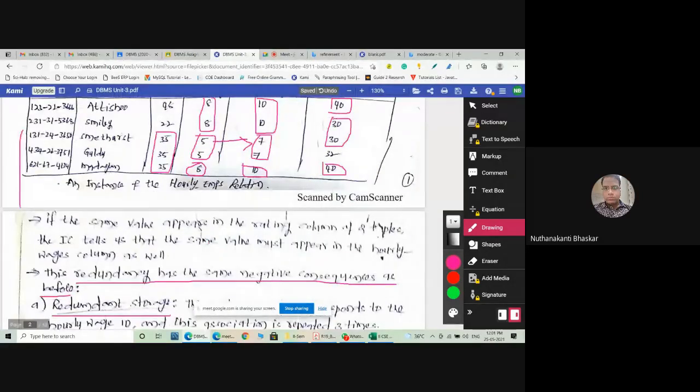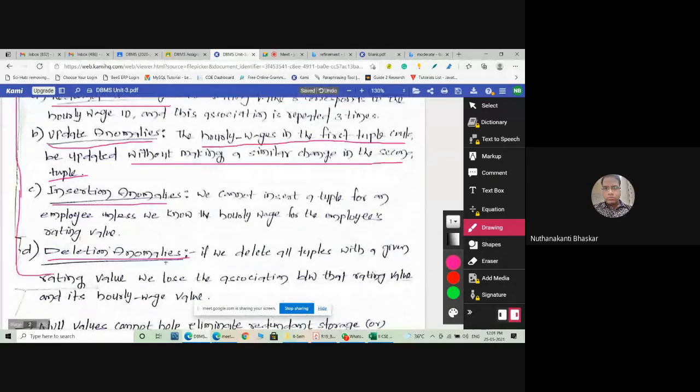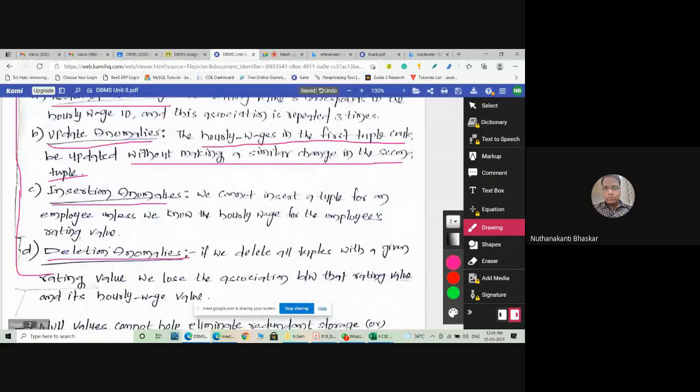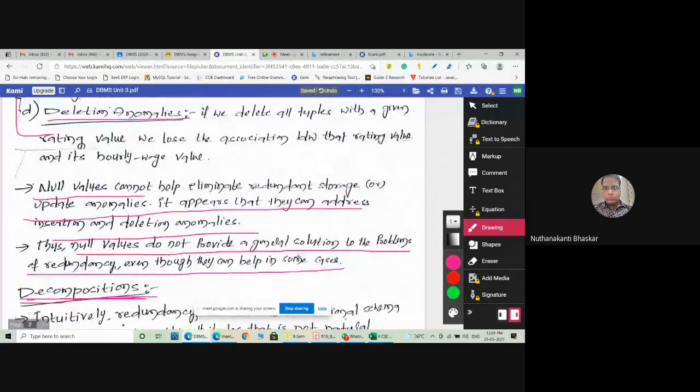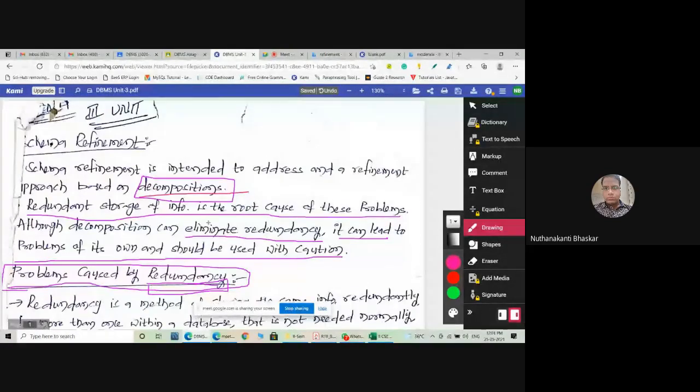Because of this redundancy we have these anomaly problems: redundant storage, update anomalies, insertion anomalies, deletion anomalies. So what should we do if it has these anomalies because of the redundancy?